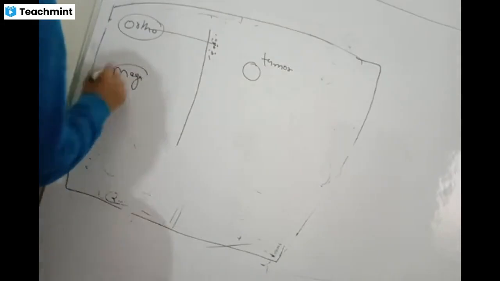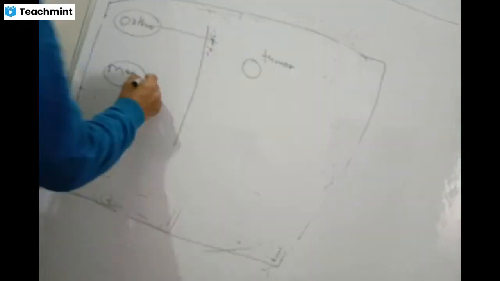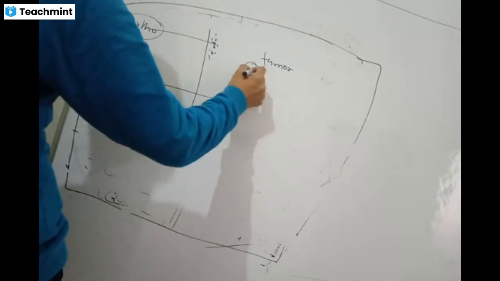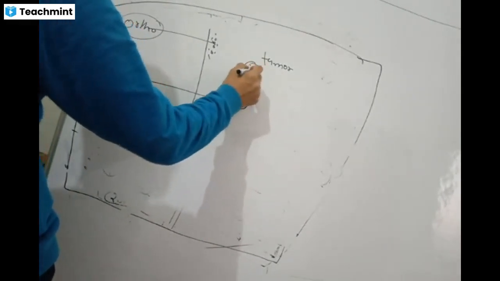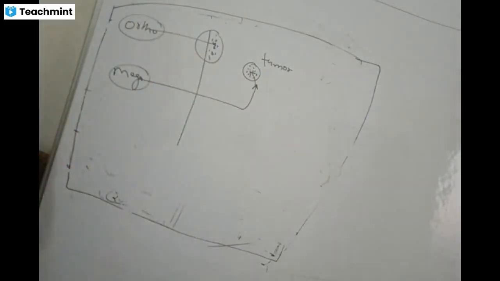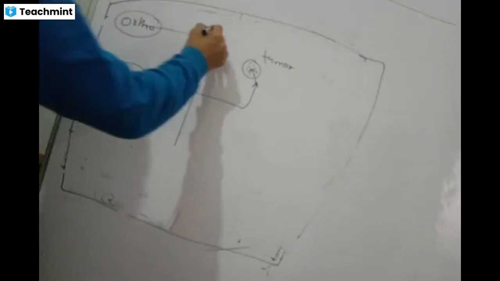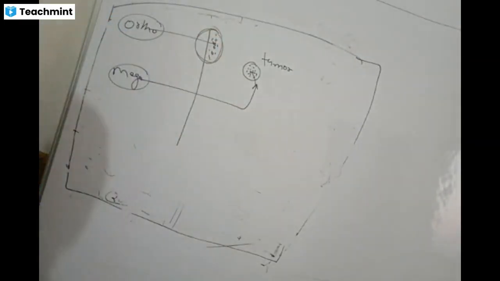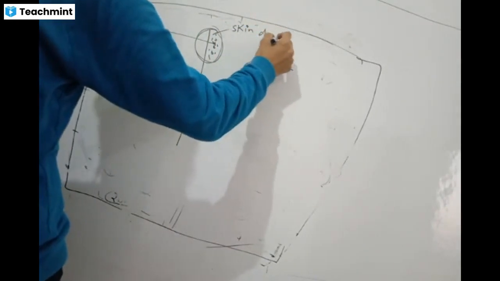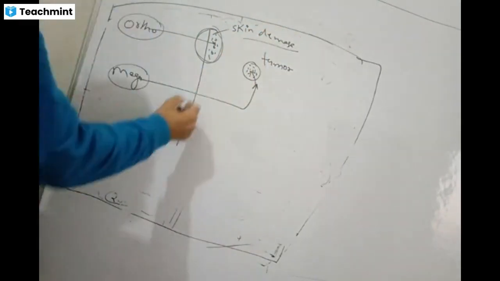If we are using mega voltage, these are of high energy, they will penetrate the skin and reach the tumor and deposit all their energy inside the tumor. So these ortho voltages, which are of low energy, deposit all their energy at the skin. So they are causing more skin damage.